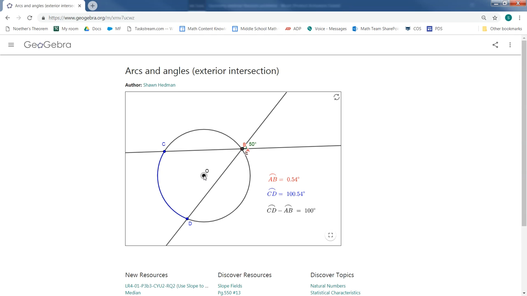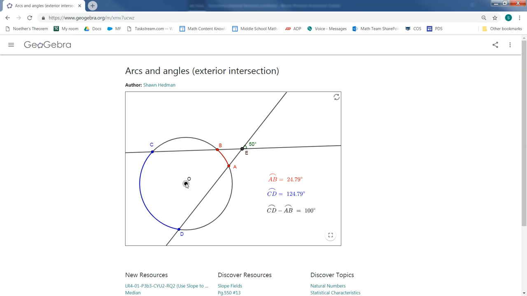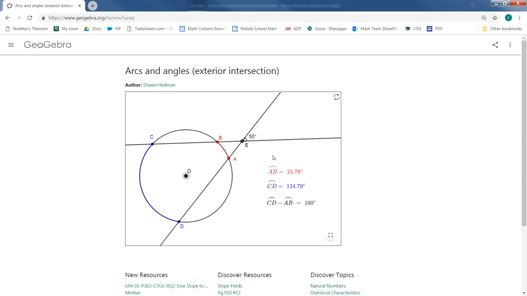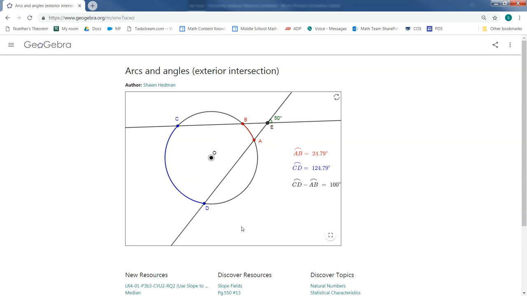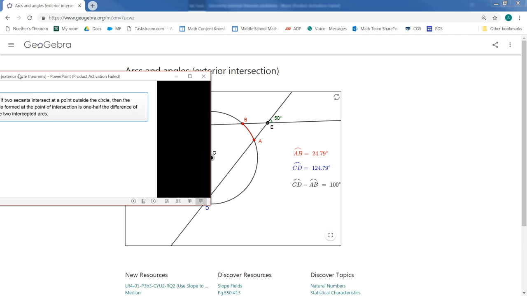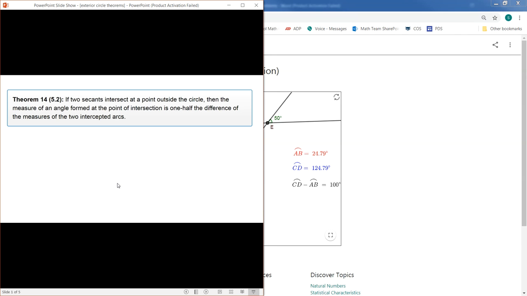Okay, so a few variations there, but we're going to focus on this scenario where the point of intersection is outside the circle, and we're going to look at some theorems and then solve some problems. So the theorem from the book, from the You Certify online text, this is in section 5.2, and it's theorem number 14 from that section.